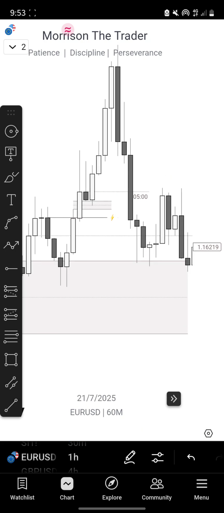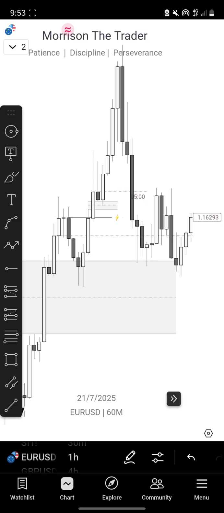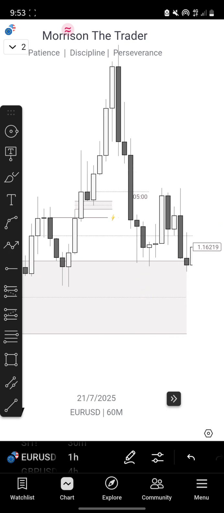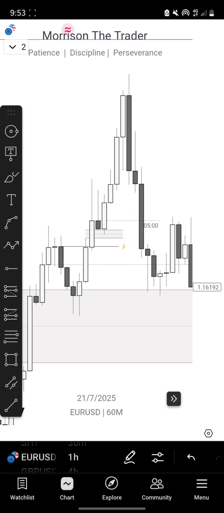So that 4-hour reversal candle that tapped into that 4-hour fair value gap, okay, that 4-hour candle had a fair value gap when you move into the 1-hour time frame. We also had a fair value gap. So the next candle, which was the 6 a.m. 1-hour candle, tapped into that fair value gap and then also closed outside.